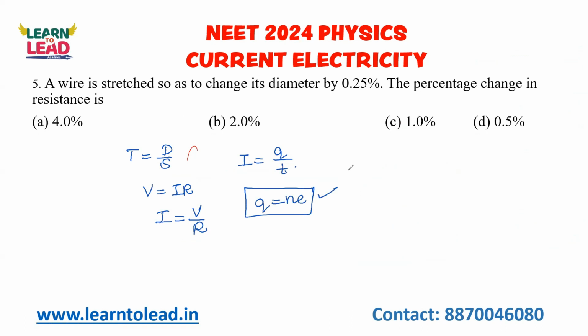And you can also write this equation as I is equal to dq by dt. And another formula you should remember, R is equal to rho L by A. These are based on the simple formulas we have discussed in the previous 5 questions.